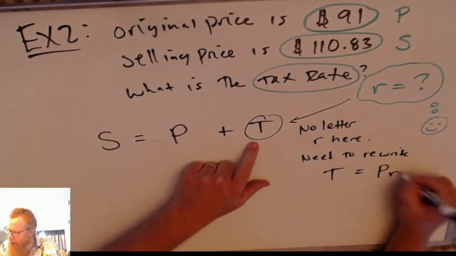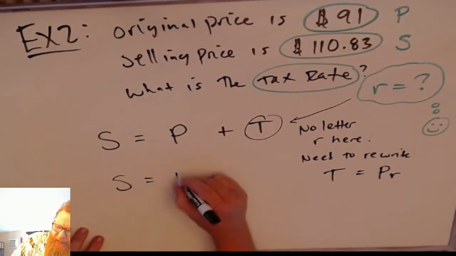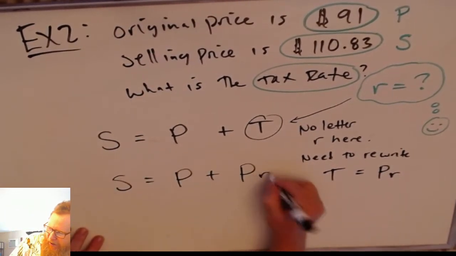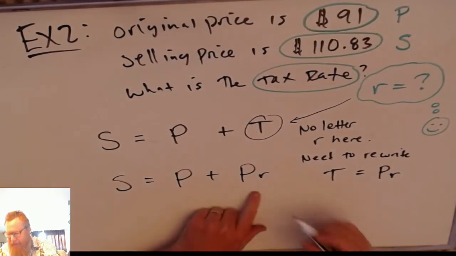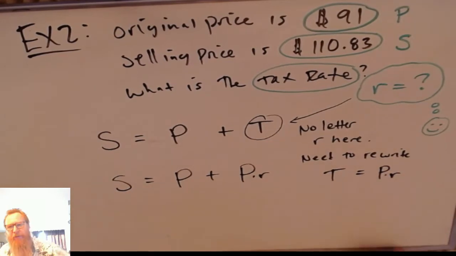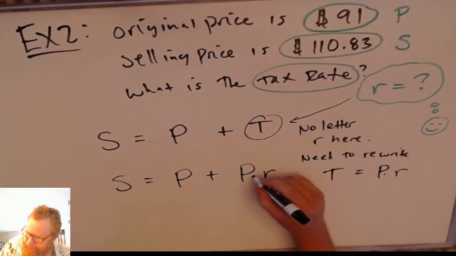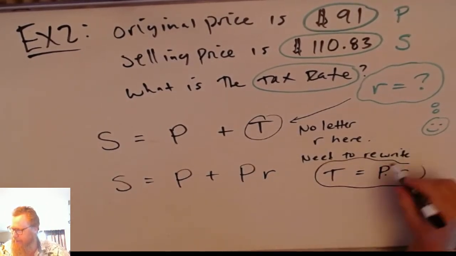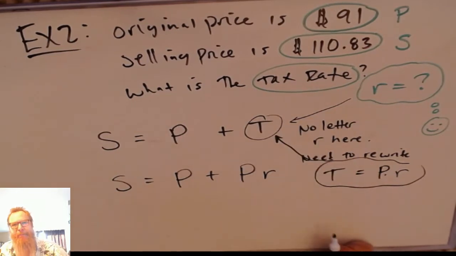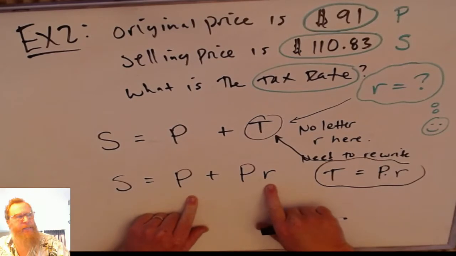It was PR. So I've got P plus PR. And if you like, you can put the dot there so that you don't forget that PR is P times R. All right, you don't have to have the dot. In fact, I'm going to omit it. But so the tax is the principal times the rate. That's the tax.